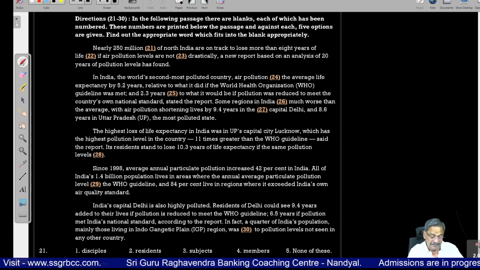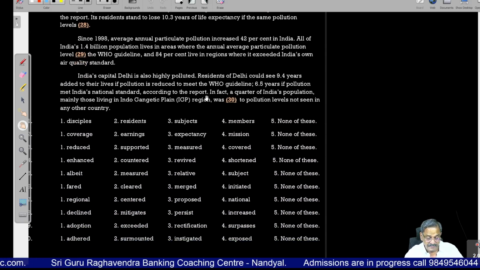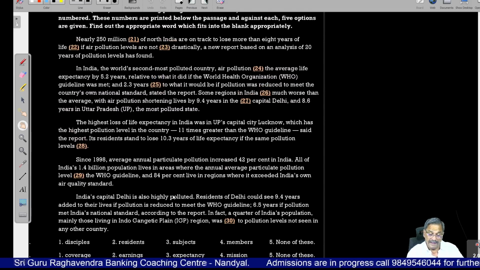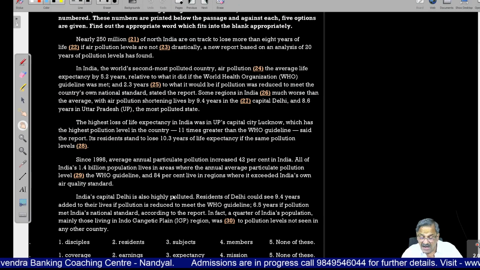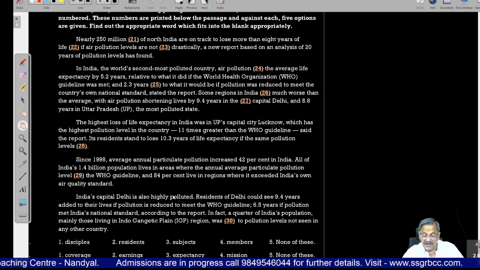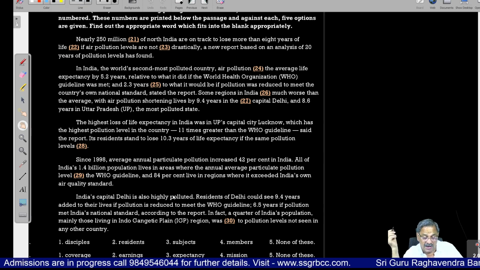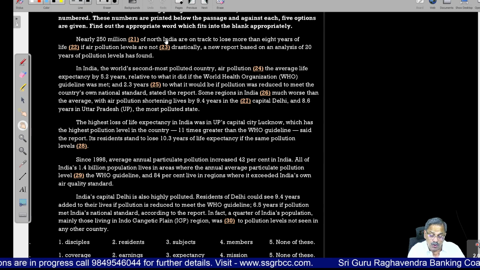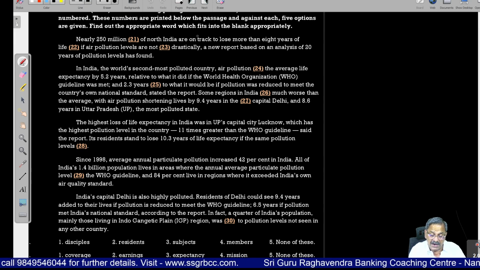This is a cloze test. These numbers are printed below the passage and against each, 5 options are given. Find out the appropriate word which fits into the blank appropriately. Nearly 250 million dash of North India, that is plural.